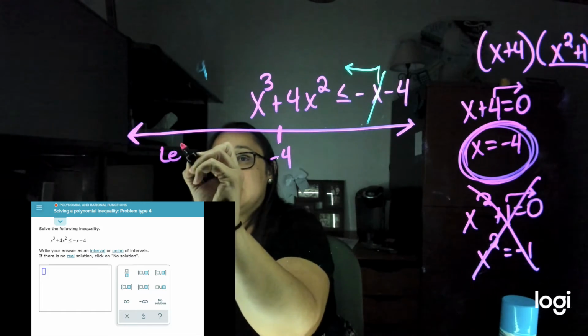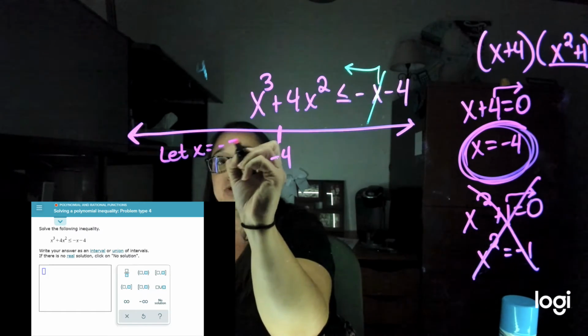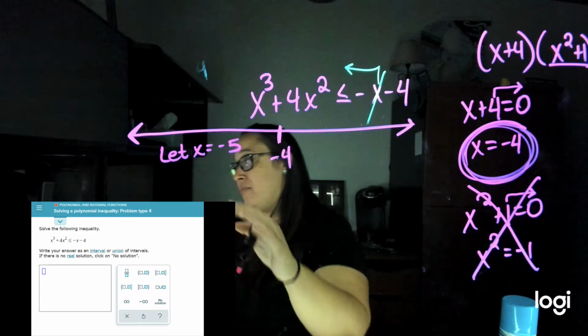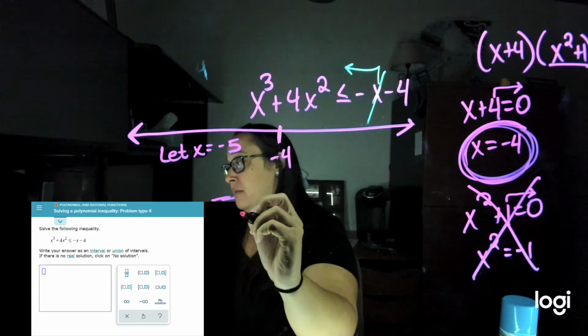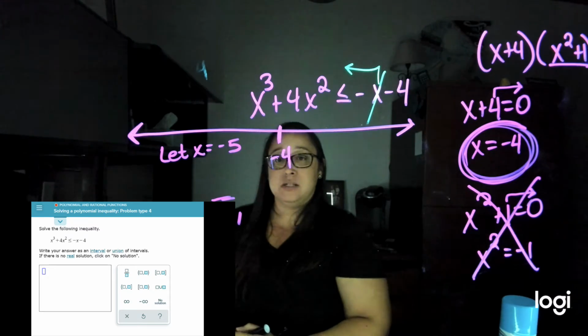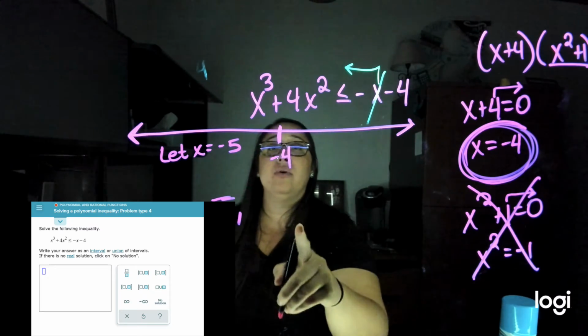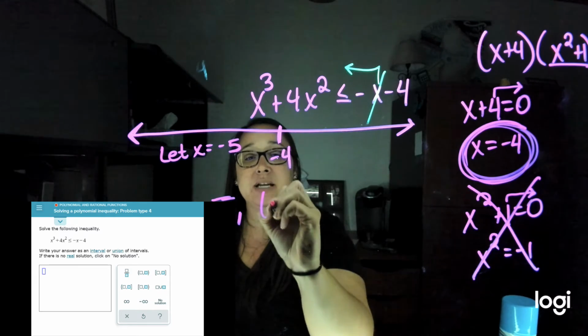So let's let x be equal to -5. I don't have much room, so my box is here. Let me draw a little line so I know where my box is. What I'm going to do is take -5 and plug that into that expression.